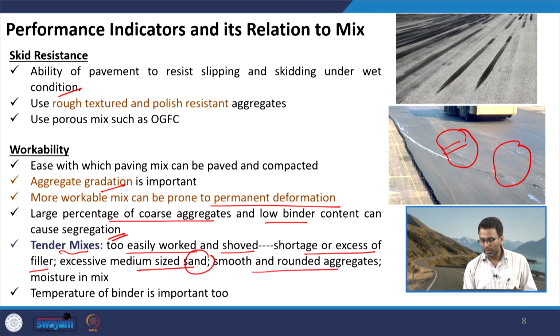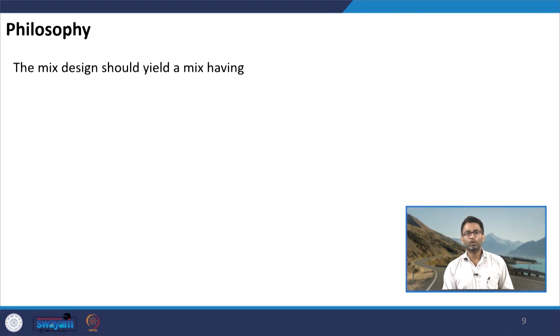We can have smooth and rounded aggregates, which will also lead to the production of tender mixes, and there can also be moisture in the mix. Maybe the drying has not been done properly, and there is some moisture in the mix, which can also lead to tender mixes. Alright. And as I mentioned, the temperature of the binder is important too during compaction.